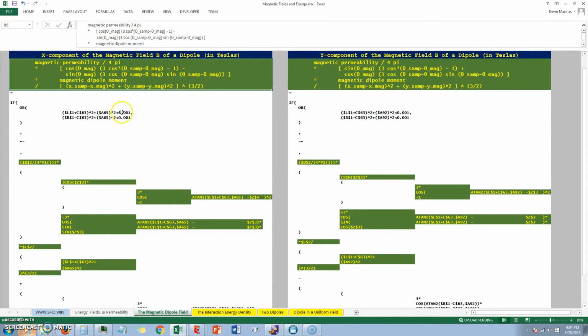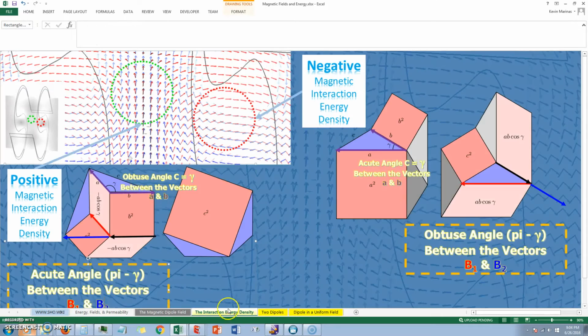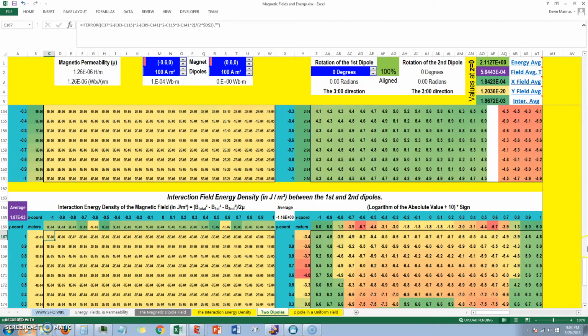Now this is a way to space it out. Here's our if statement that I talked about earlier. I did talk about that earlier.